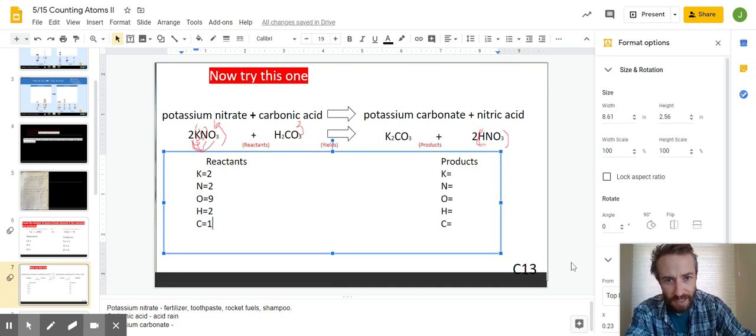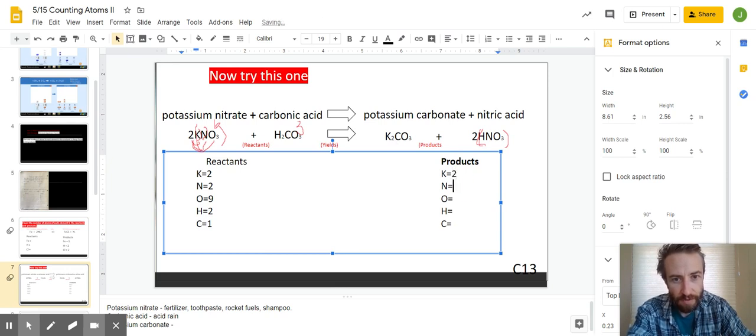Now let's see if that's the same over here on our products. All right, first off, I am looking at potassium. So it looks like I have K with a subscript of 2. That means I have 2 atoms of potassium. Nitrogen's over here, and there's a coefficient. So I actually have 2 atoms of nitrogen.